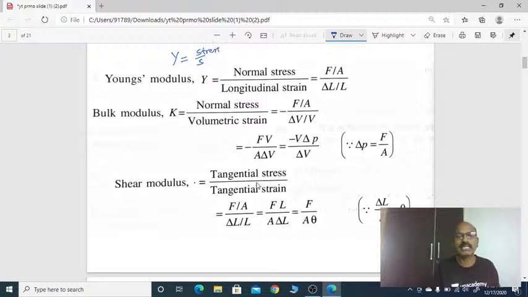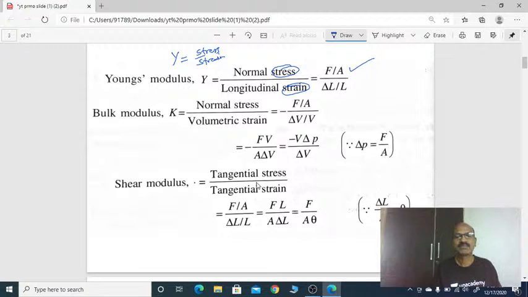We know that stress is force by area and strain is change in length by original length. Strain is a pure ratio, it has no unit, no dimension. So Young modulus is stress by strain, F by A is stress, strain is change in length by original length.